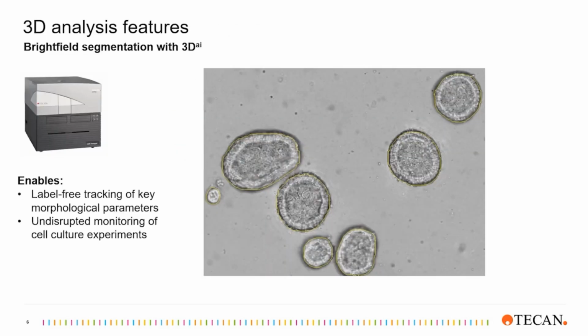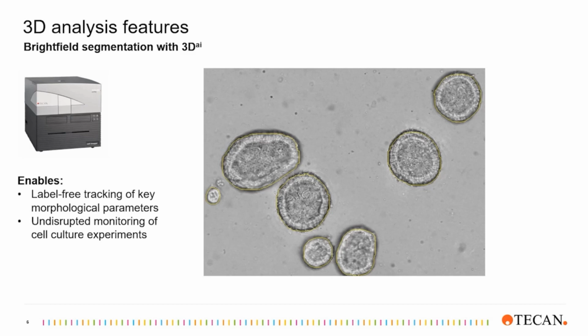A key feature that is particularly useful for quality control of 3D cell culture models is the ability to image, segment, and analyze 3D objects in bright field, removing the need to stain the objects. So what you see in this image is a set of dog liver organoids that have been segmented by our AI-based algorithm in bright field, which is visible through a yellow segmentation mask around them.